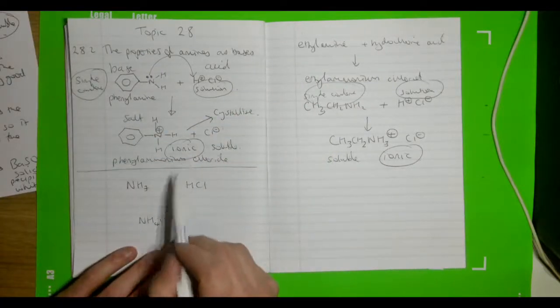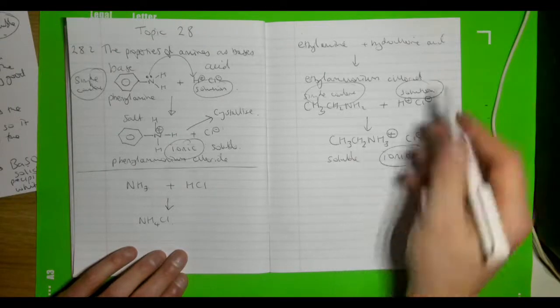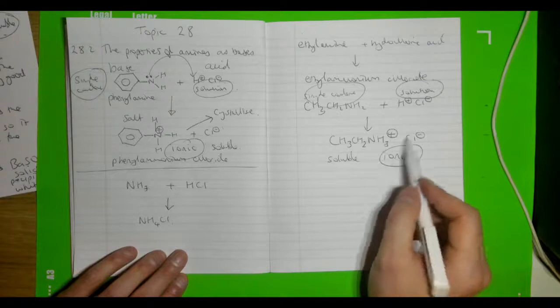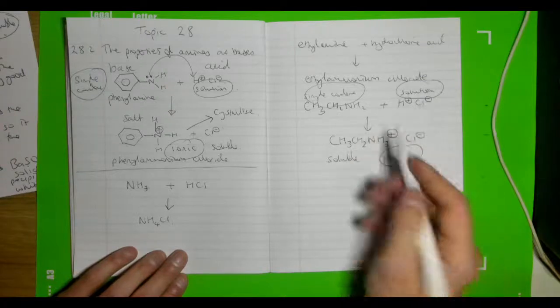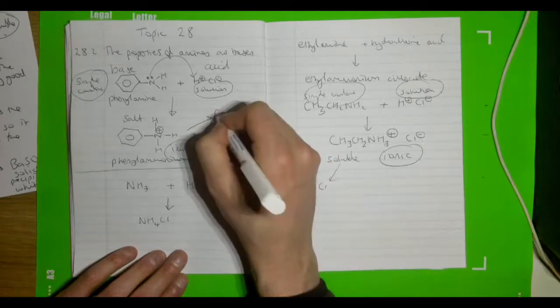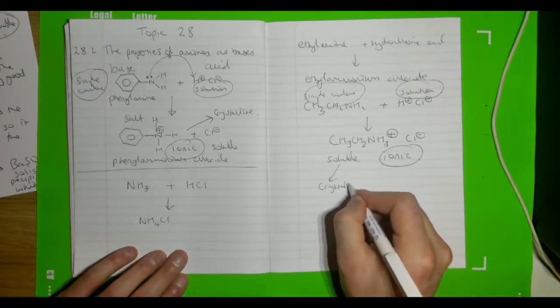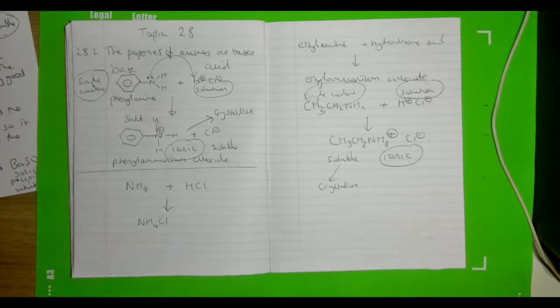Because it's ionic, it'll be a solid. Again, if you want crystals of ethyl ammonium chloride, we would just evaporate the water off and crystallize that as well, and we'll get a solid produced.